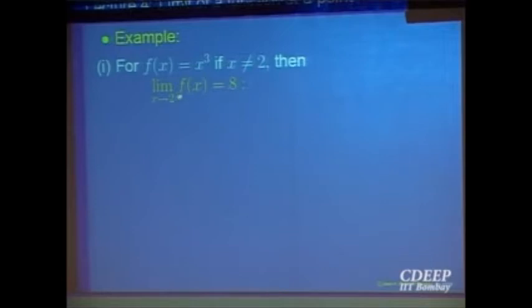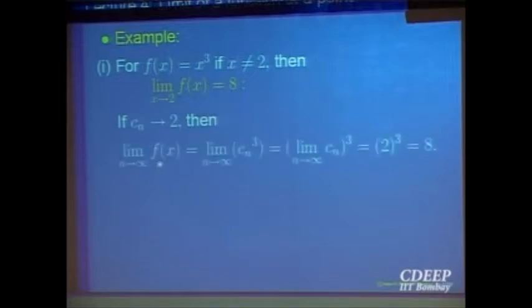Take a sequence Cn which goes to 2, and look at the corresponding sequence f of Cn. What is the corresponding sequence? f of x is equal to x cube, so f of Cn is equal to Cn cube, right?